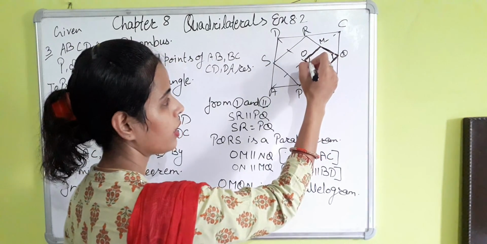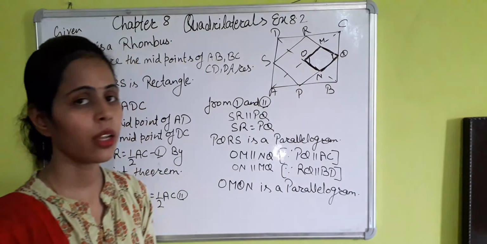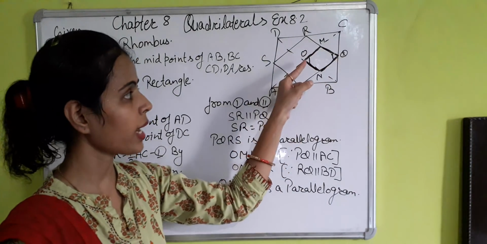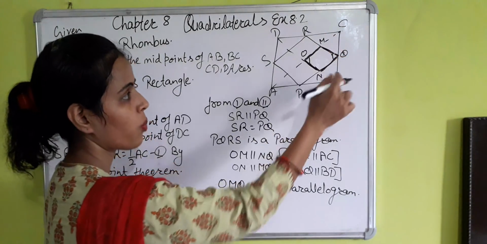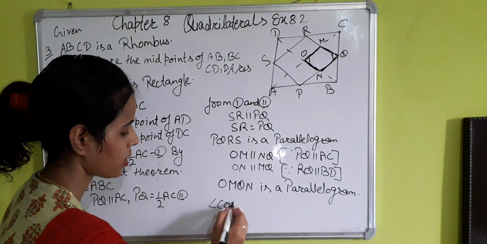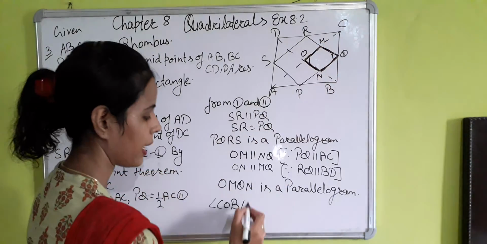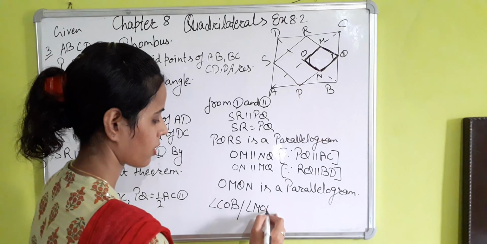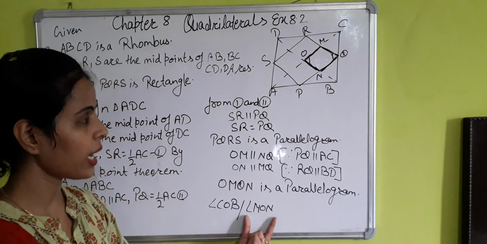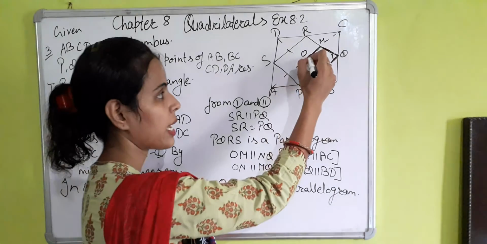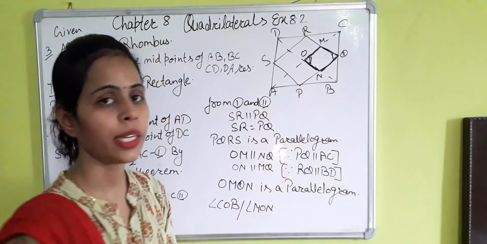This angle and this angle, O. Opposite angles are equal. Angle O is 90 degrees. You can write angle COB, or angle MON. This angle is of 90 degrees.